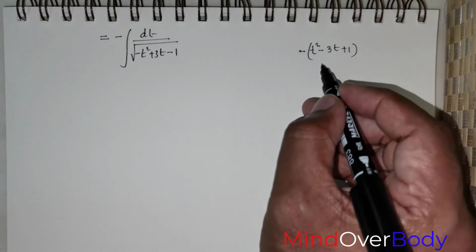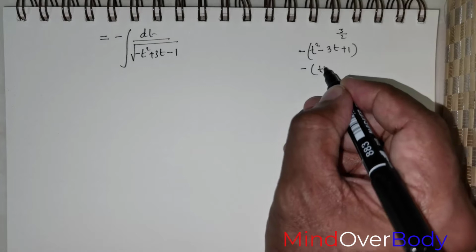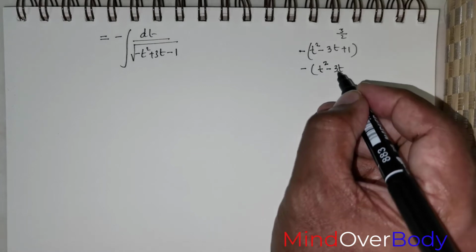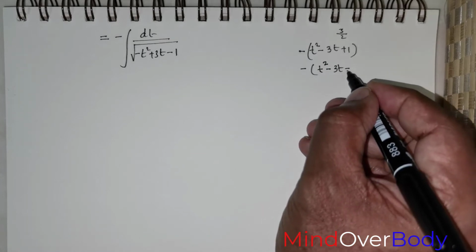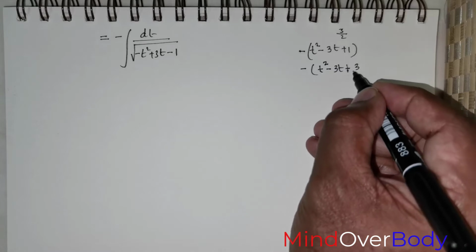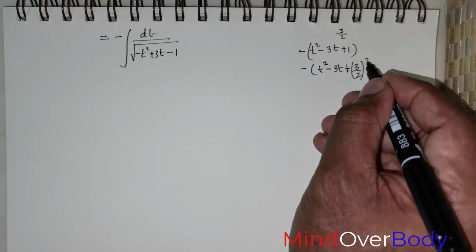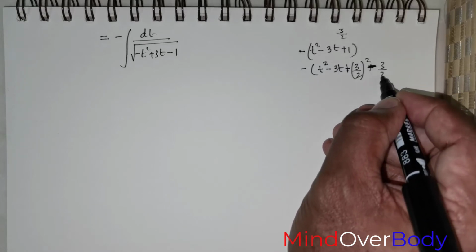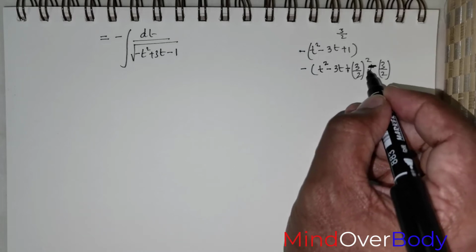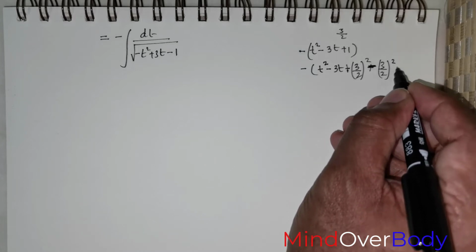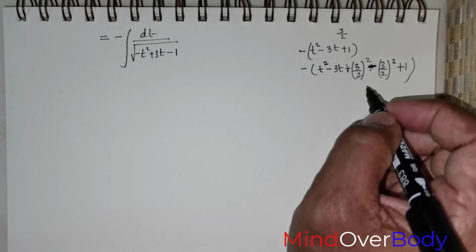If I were to write this as a perfect square, let me show that to you. So this is t squared, negative 3 times t. I am adding (3/2) raised to the power of 2, and negative of (3/2) raised to the power of 2, positive 1.